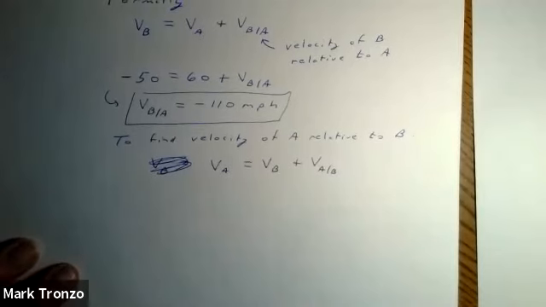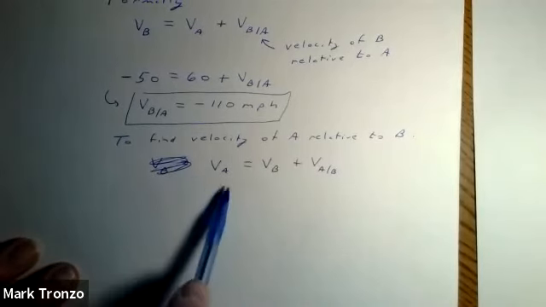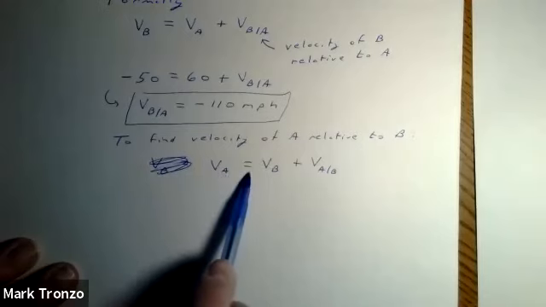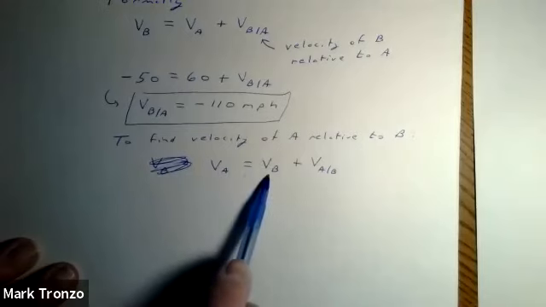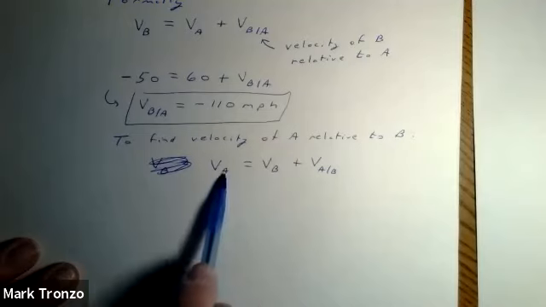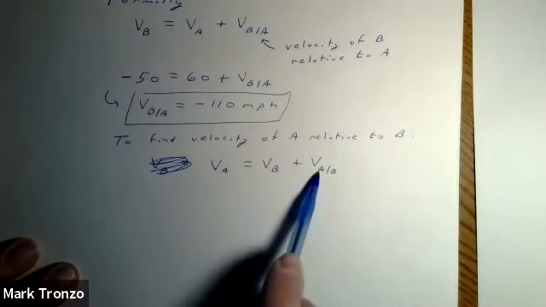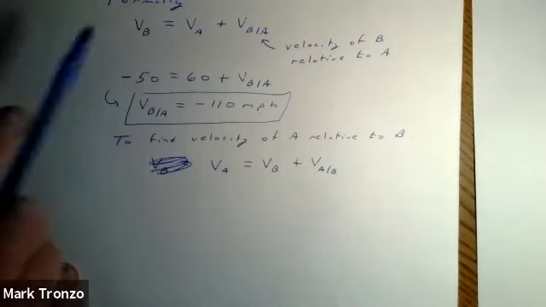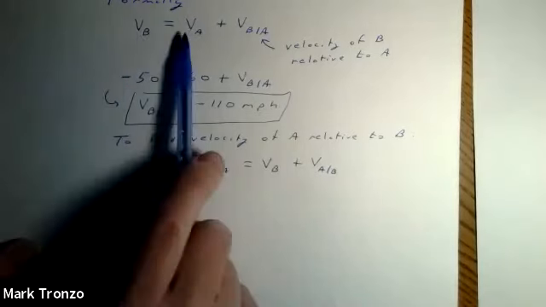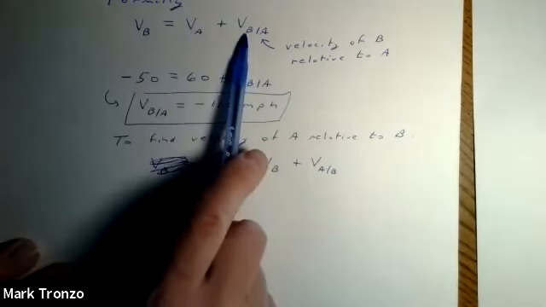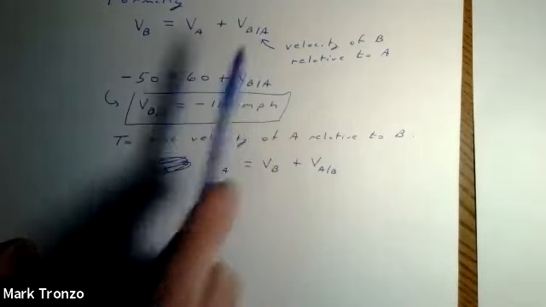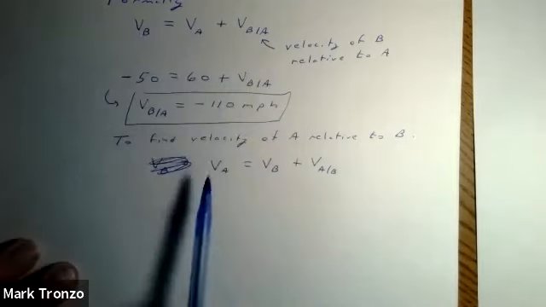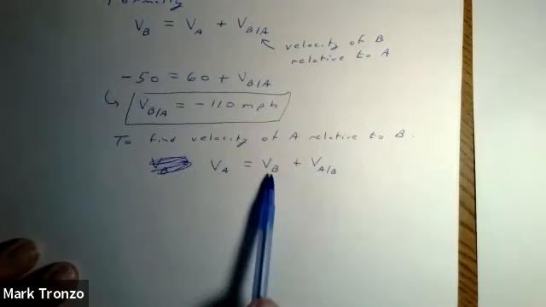When you set up these equations, you can see the pattern. If you have A on the left, then on the other side of the equal sign you'll have a B, and then whatever this one is on top, and the other one on the bottom. Before, when we had B on the left, we had VA on the right, with B on top and A on the bottom. So you can see the pattern.